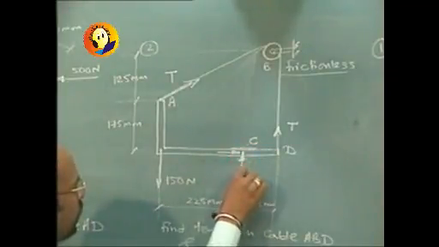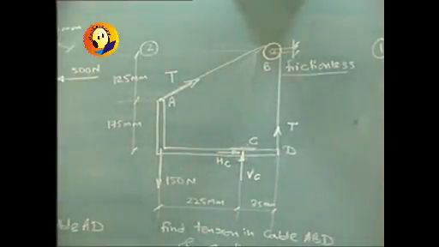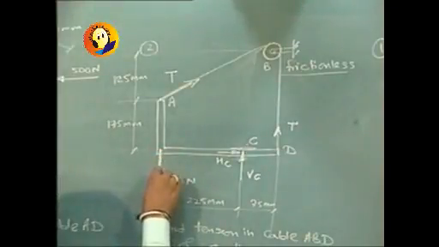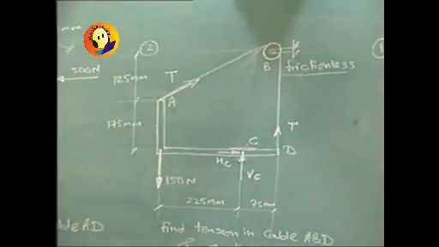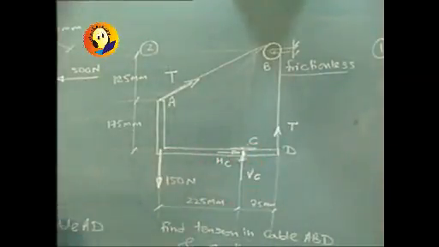So this will be VC and HC. All the distances are given to us. There is an applied force of 150 newtons to this particular L beam, and a hinge was there. So I have removed that hinge.